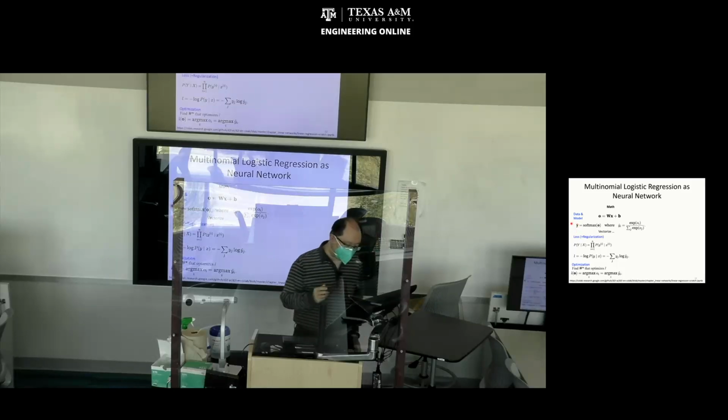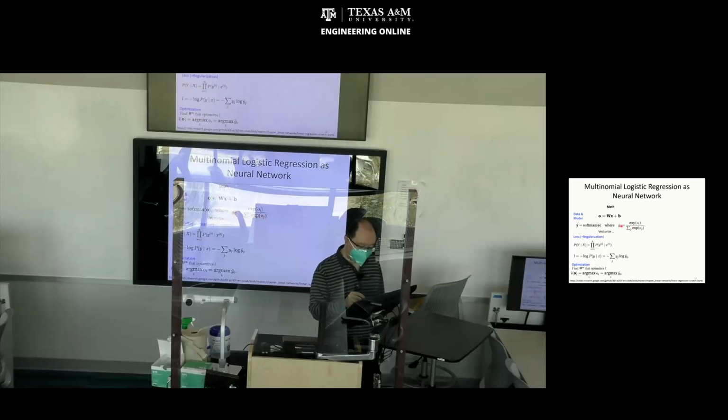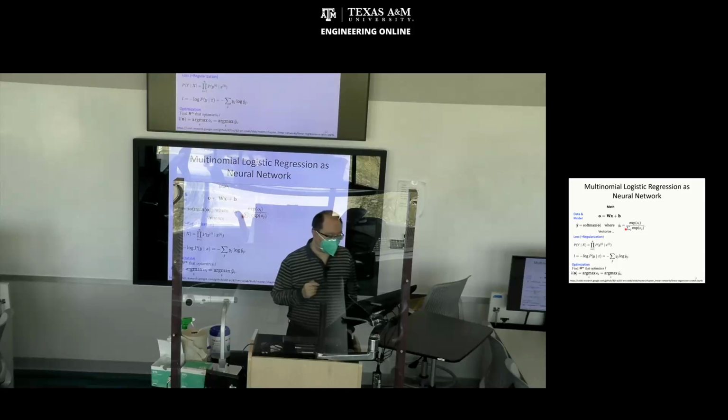So this Y hat is, for each example, the exponential of O_i, the output for class i, divided by the sum over j of the exponential of O_j. This is a softmax function.